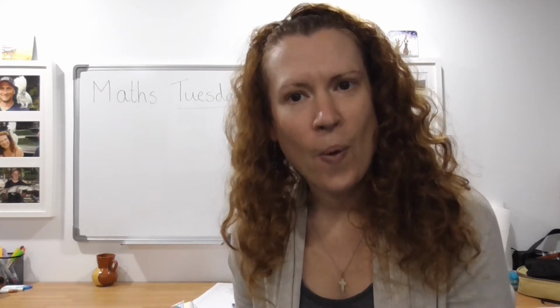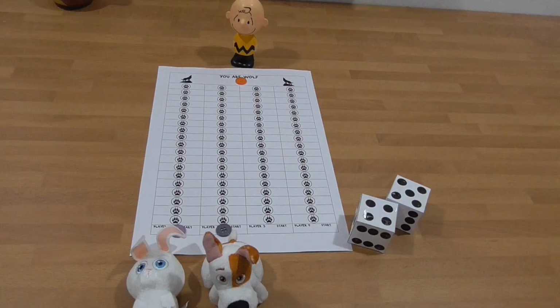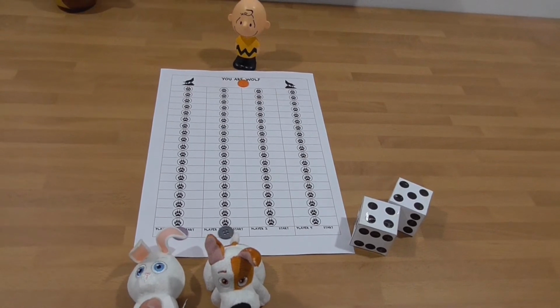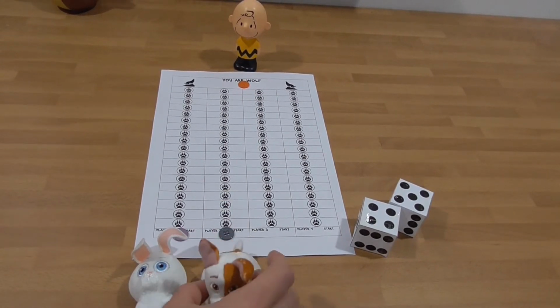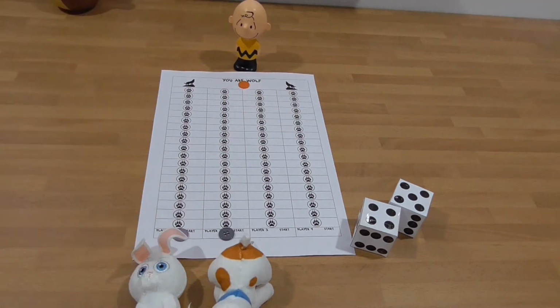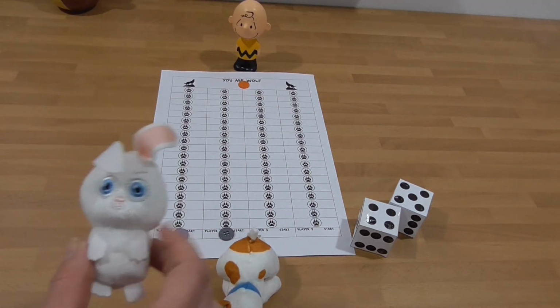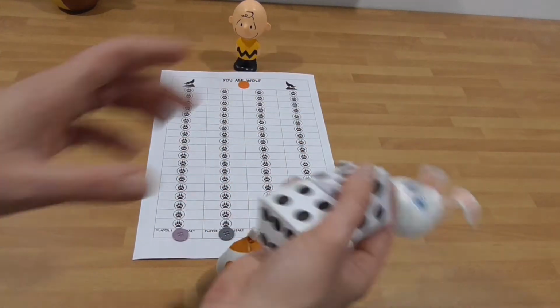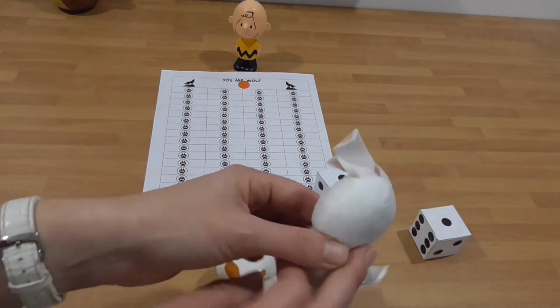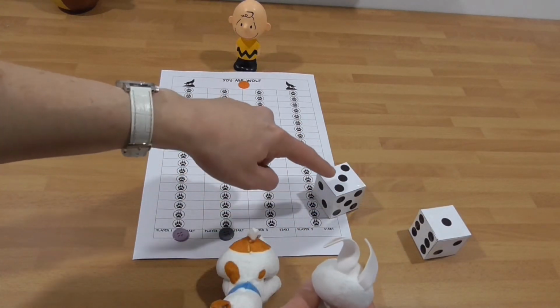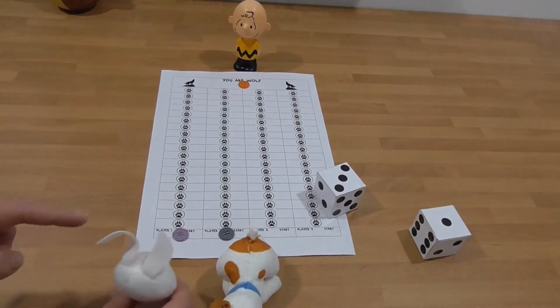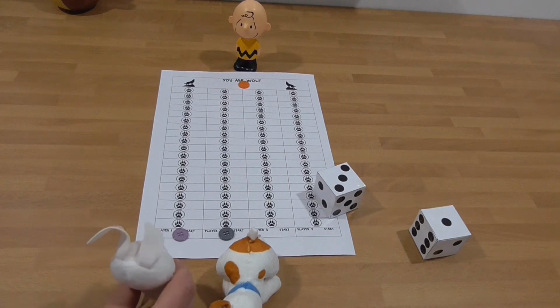How to play What's the Time, Mr. Wolf? Player 1, Player 2 and Wolf. Player 1 throws the dice. 1, 2, 3, 4. What's the time, Mr. Wolf?